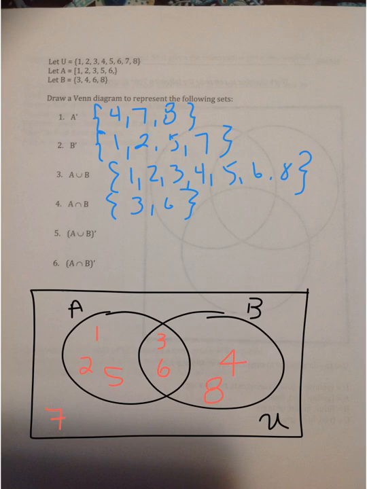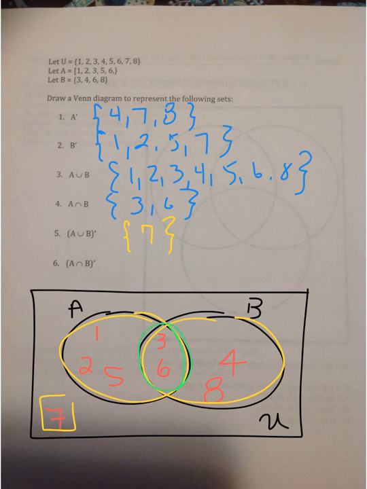So if we take the union of A and B, which we can see would be all of this, and say, well, what is not in there? That's right here. It's just going to be 7. And then this last one is saying what is not in the intersection of A and B. So if you look, this is the intersection, so what is not there is 1, 2, 4, 5, 7, and 8.